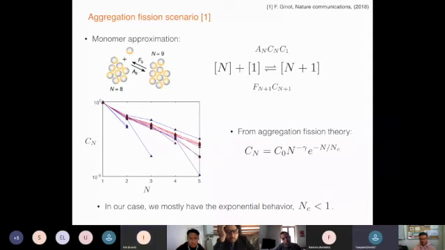You will only see monomers. If you increase further the density, here it seems that at some point you converge toward it, but maybe if you increase further the density, you will reach a power law behavior. But the results seem to saturate at some point.